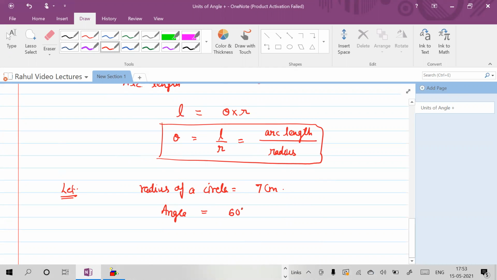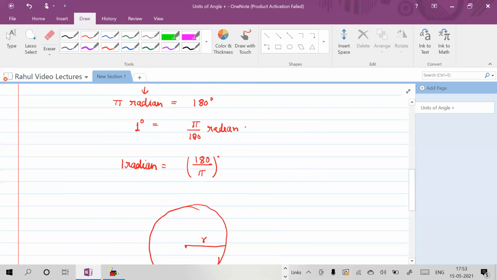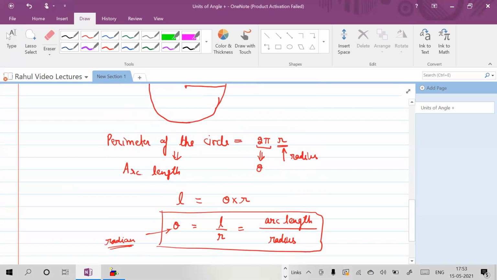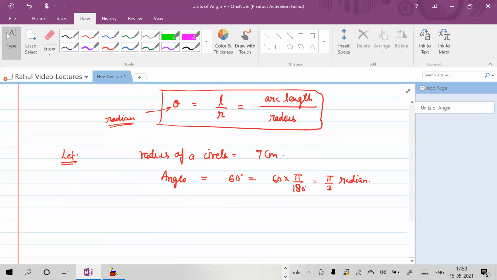Now this angle is always in radian. Okay, so 60 degree means you have to convert it into radian. So 1 degree equals pi by 180. So 60 degree equals 60 into pi divided by 180. So it will be pi by 3 radian, and you have to find the arc length.